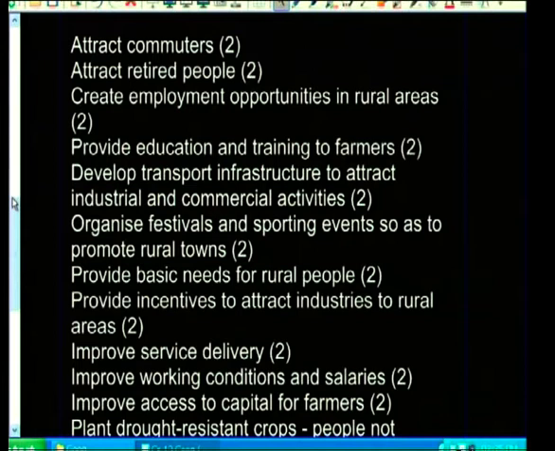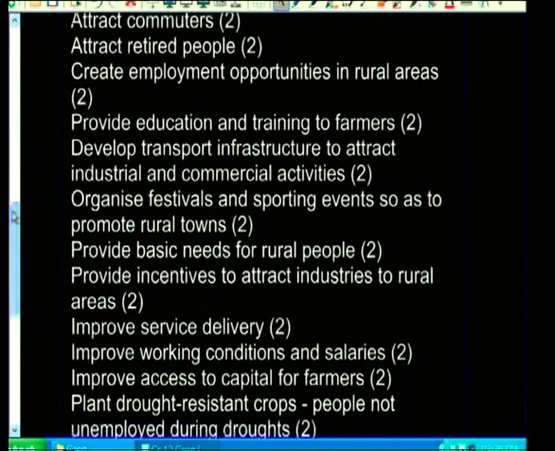So for example, the best example in Johannesburg is how a lot of people have homes at Hartbeespoort Dam, which would be considered a rural environment, but they're actually working in Johannesburg CBD. So they live out in a rural area and they commute into the city every so often for their work purposes. So attracting commuters would help to develop and encourage growth in rural areas.